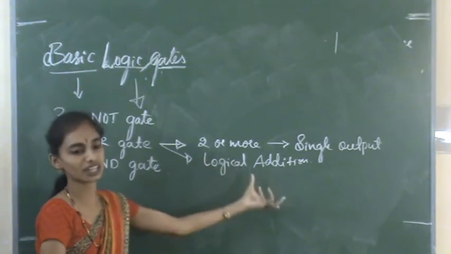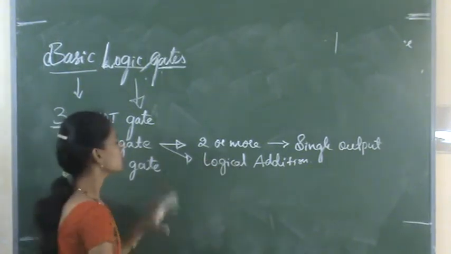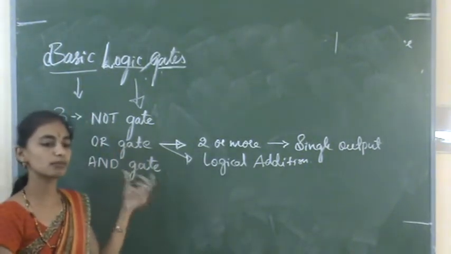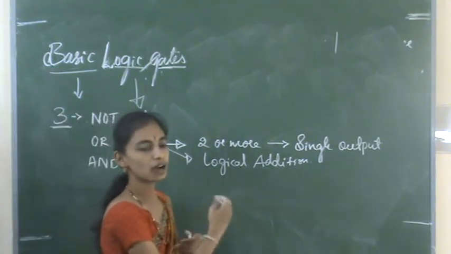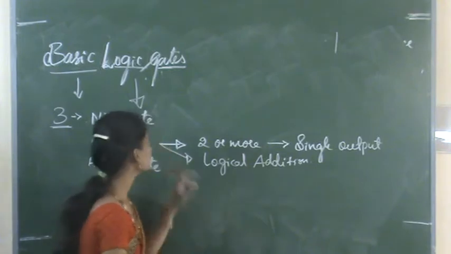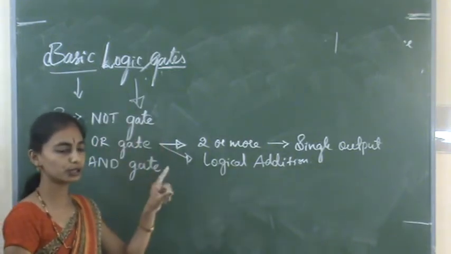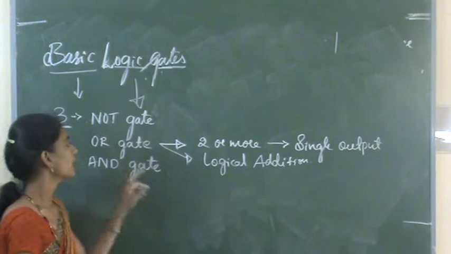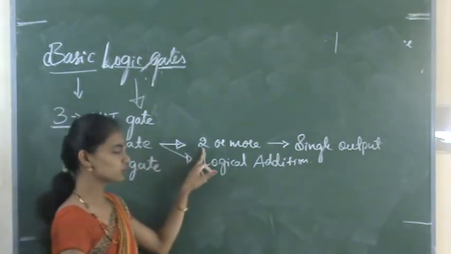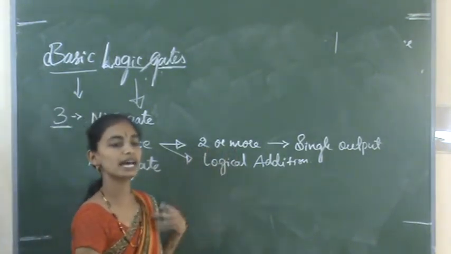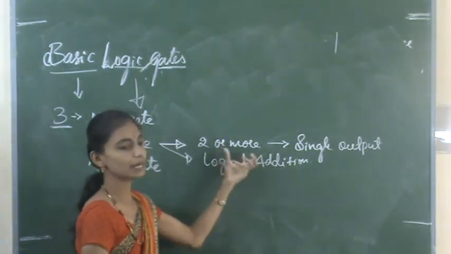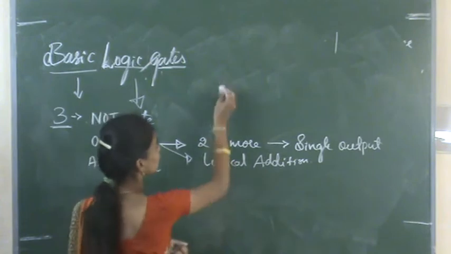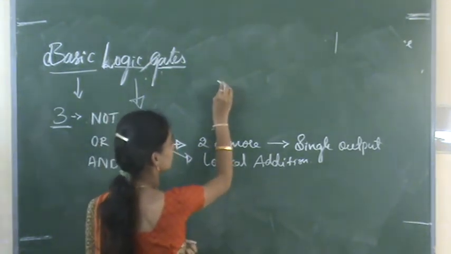It performs logical addition. What is the symbol for this OR gate? It depends on the inputs. In the NOT gate we have only one input and only one symbol. But in the OR gate, we can use 2 inputs or more than 2 inputs, so we have the symbol based on these inputs.